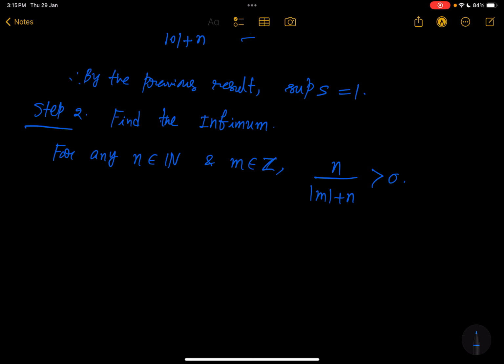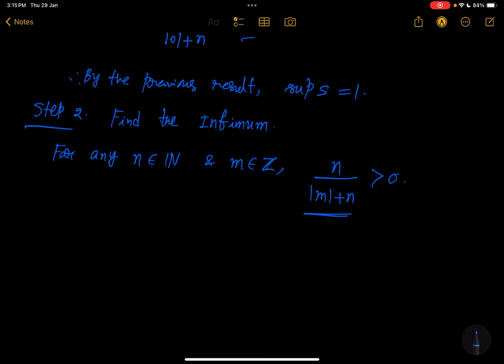We need to check what the infimum is. So 0 is a lower bound. So what is the infimum? We'll fix our small n and make mod m as large as possible. Then we'll see that this quantity goes to 0.